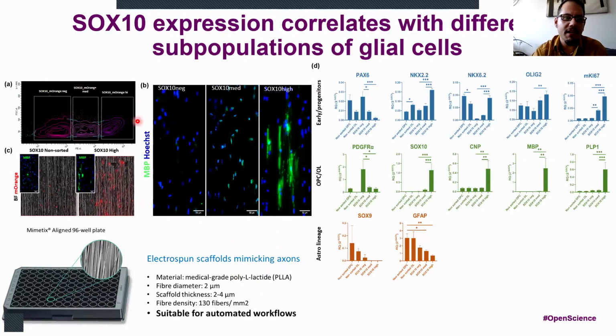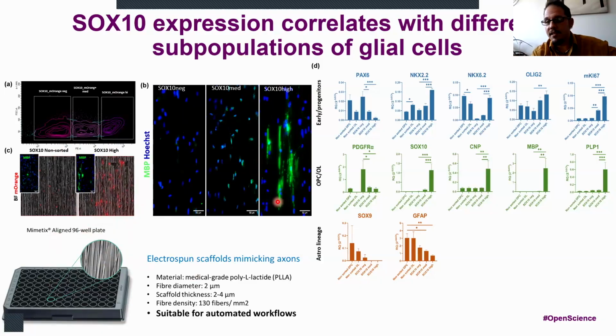The interesting fact is that when we isolate this population through FACS and replate on electrospun nanofiber plates, only the SOX10 high cells are capable of ensheathing these fibers, as demonstrated by this beautiful MBP staining, in which we see that only the SOX10 high cells are able to myelinate these fibers.